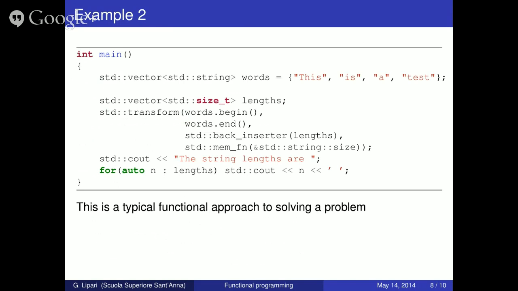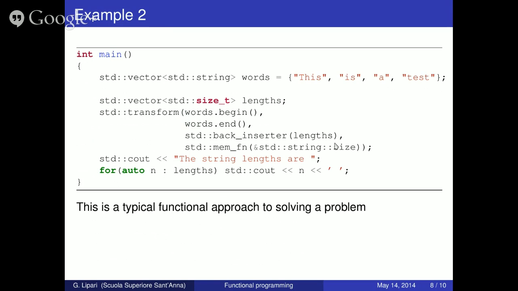And this instead is one way, for example, when you have a vector of strings and you want to compute the length of every string. You prepare another vector of lengths, and then you apply transform on the begin and end of words.